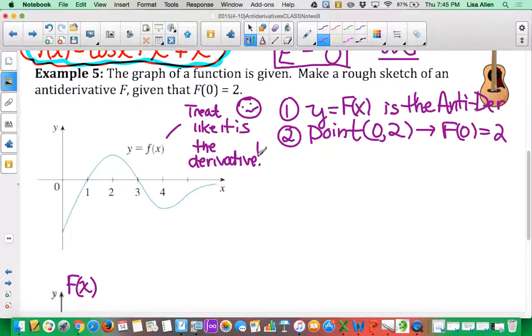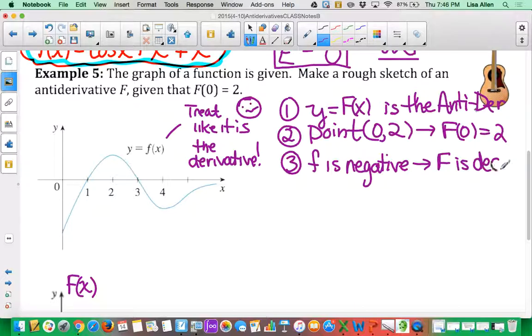Okay, so the third thing is I'm going to say, all right, remember, I'm treating this like the slope graph, where lowercase f is negative, then that would mean capital F, the function, is decreasing.